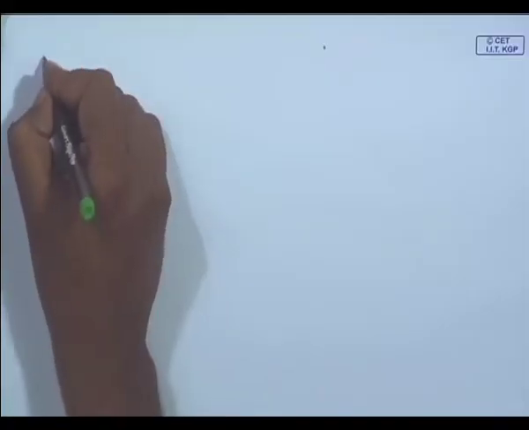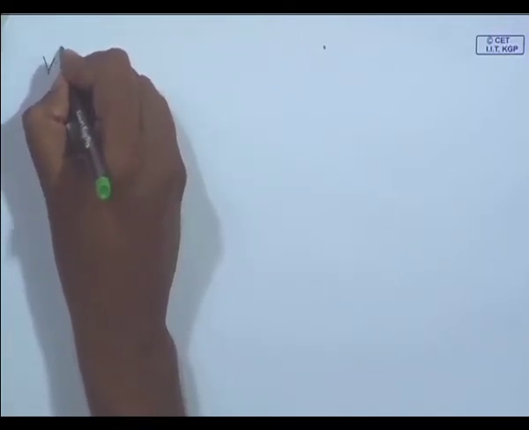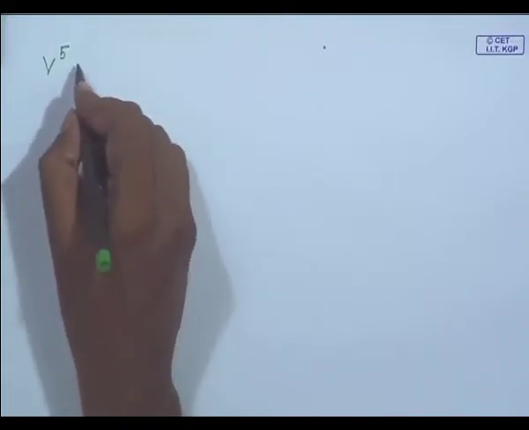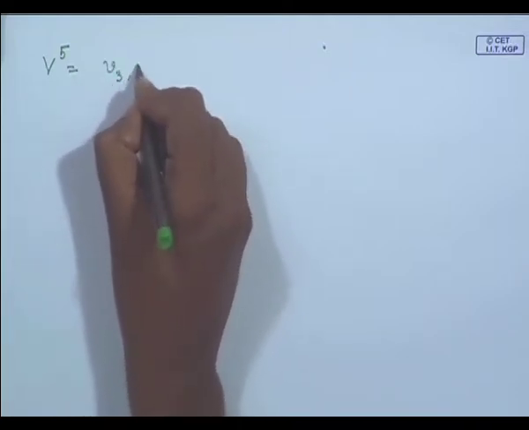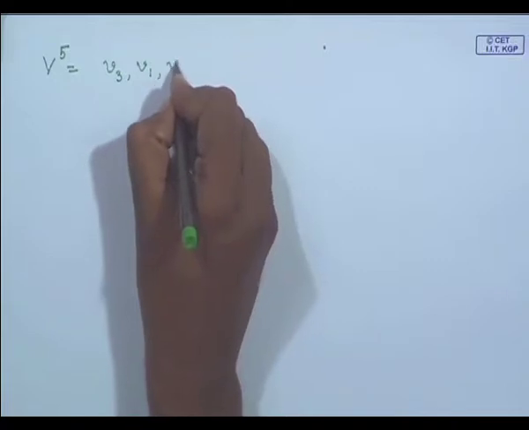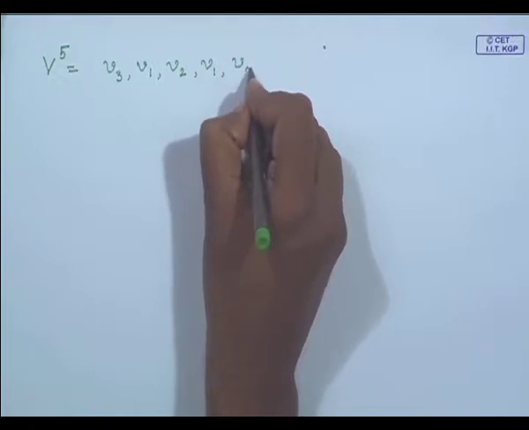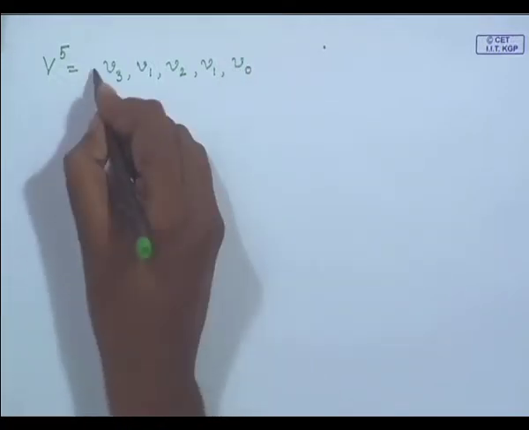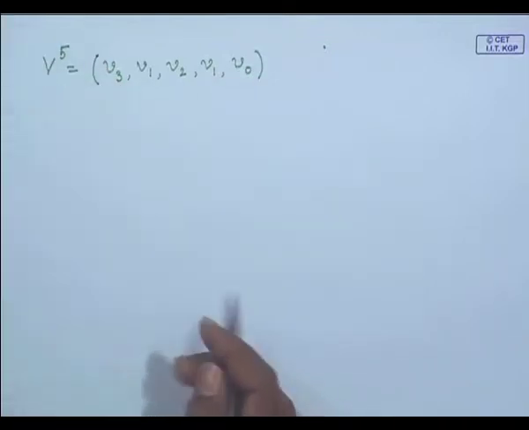What does this alpha j t mean? Suppose we have a sequence of 5 symbols, which are V3, V1, V2, V1, and the final one, as we said, has to be V0. So, this is the sequence of symbols V^5 that we have.